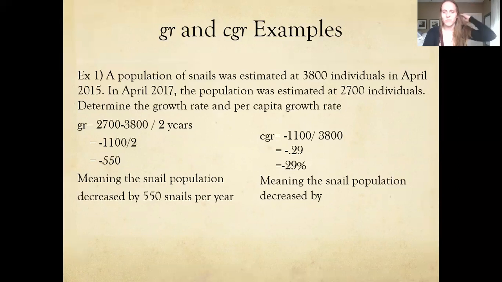The per capita growth rate takes that delta N, our negative 1,100, and divides it by the initial population, which is the 3,800. And that gives us negative 0.29, which is negative 29%. So that tells us that the snail population decreased by 29%.